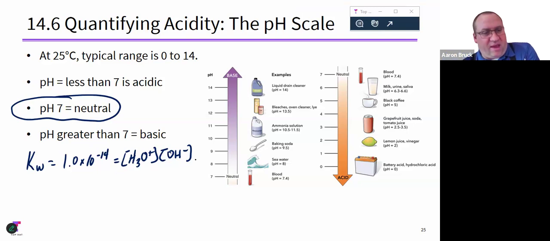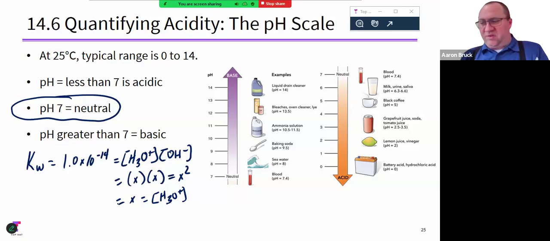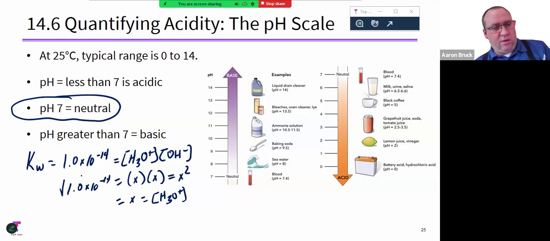And if we solved out the ice table there, we would have 1 portion of hydronium, 1 portion of hydroxide, or x squared. The hydronium concentration would be equal to x, which would be equal to the square root of 1 times 10 to the negative 14th, which would be 1 times 10 to the negative 7th.